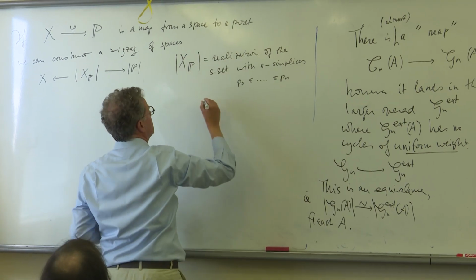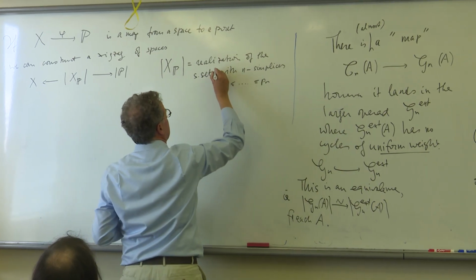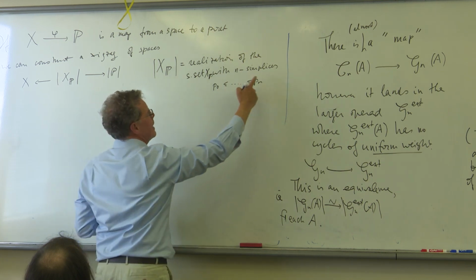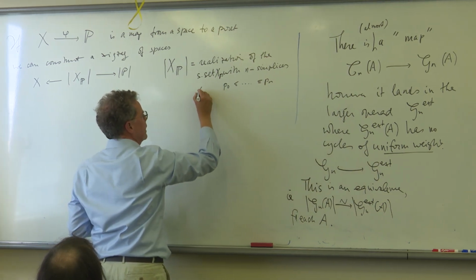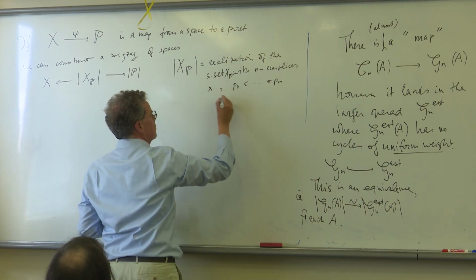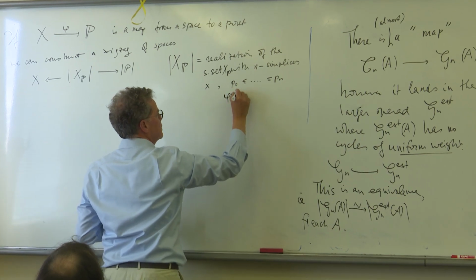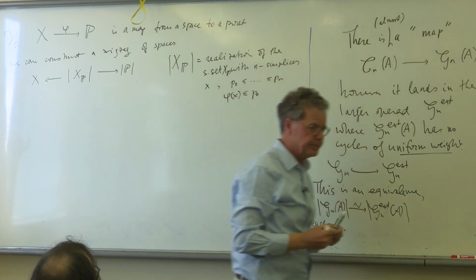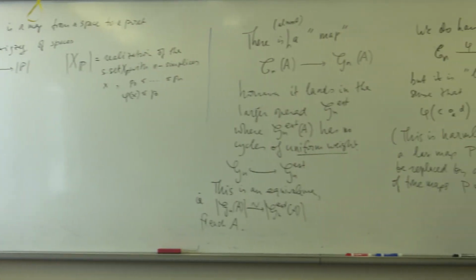So X_P is the realization of the simplicial set X_P whose n-simplices are of this form, and you take an x, and you ask that phi of x is less than or equal to P_0.